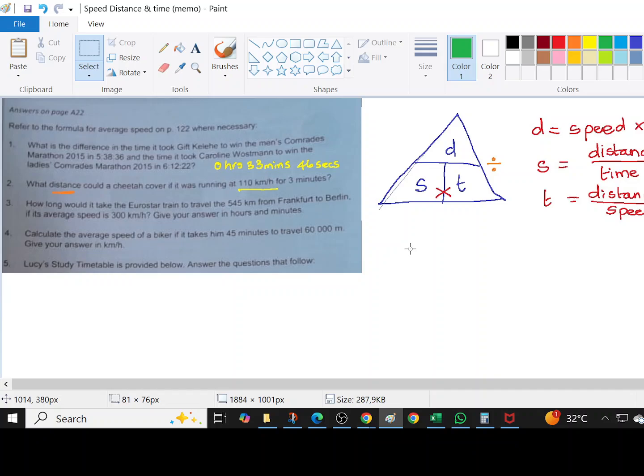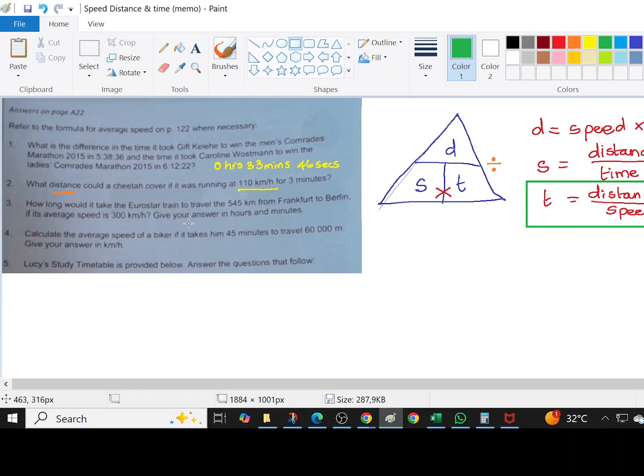Now, how long? They are asking for time, which means this is our formula that we must use. To travel a distance of 545 kilometers from Frankfurt to Berlin, if its average speed is 300 kilometers per hour. Give your answer in hours and minutes.